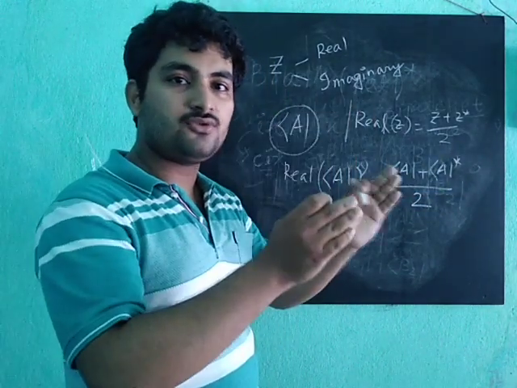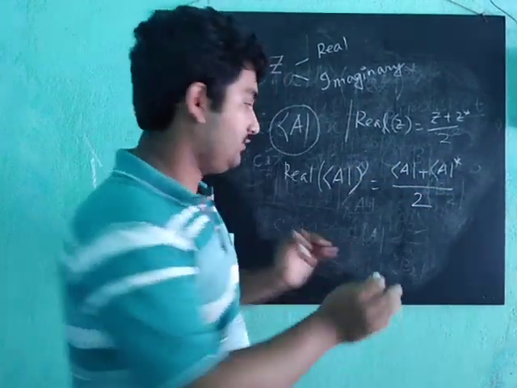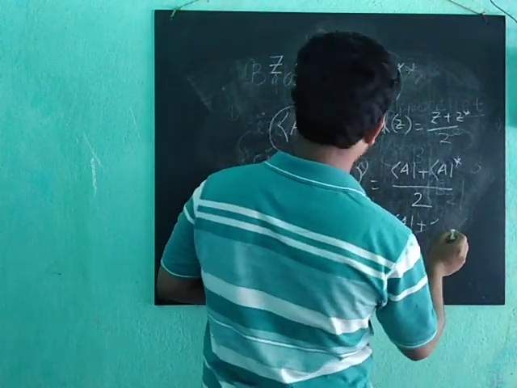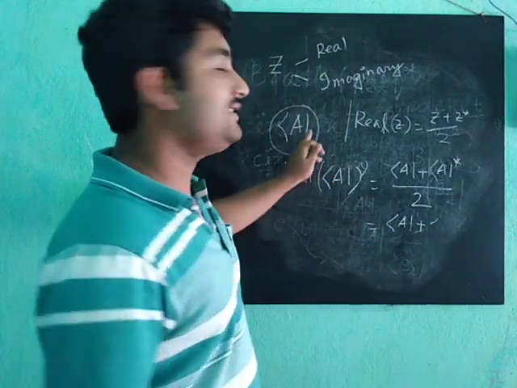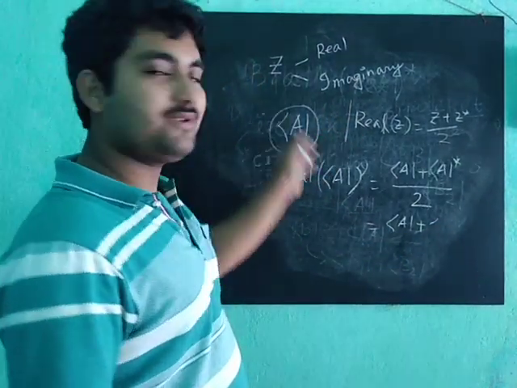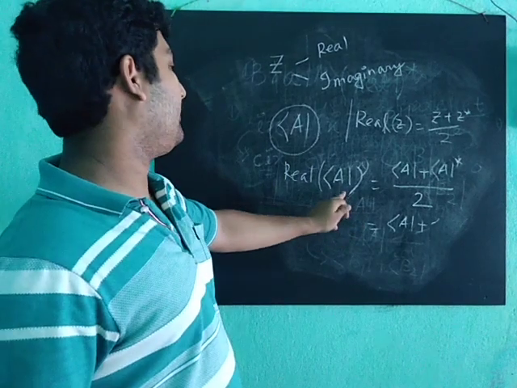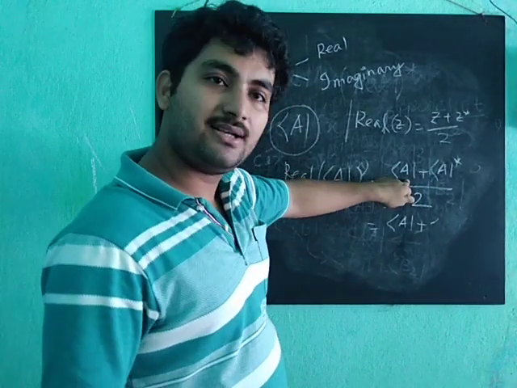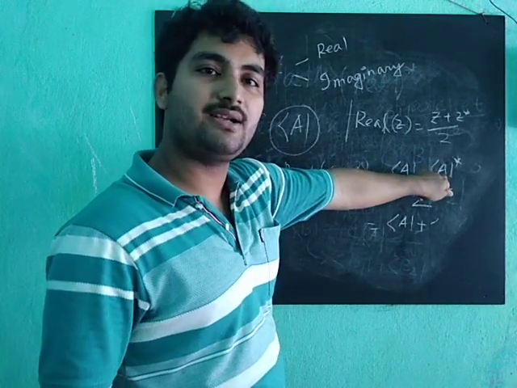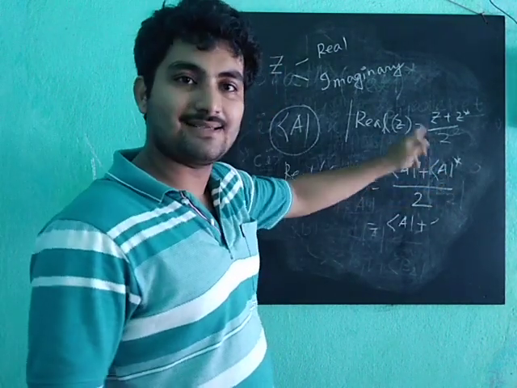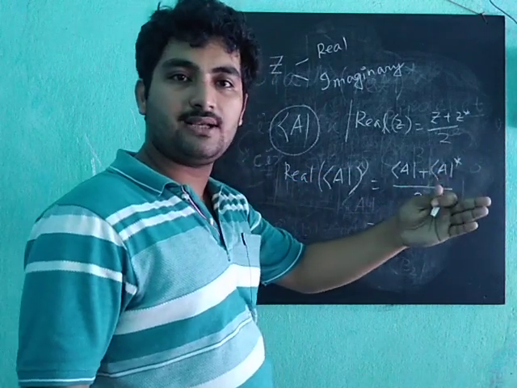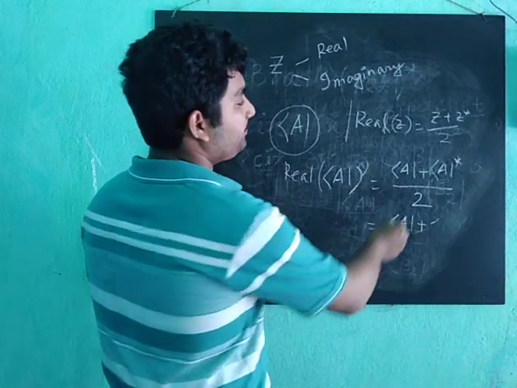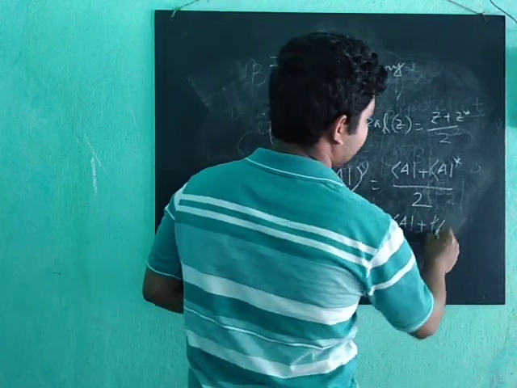The complex conjugate of a ket vector is a bra vector. So I am trying to find the real part of a bra vector. The real part of a bra vector is the bra vector plus the complex conjugate of the bra vector, divided by 2. Now what is the complex conjugate of a bra vector? The complex conjugate of a bra vector is a ket vector.